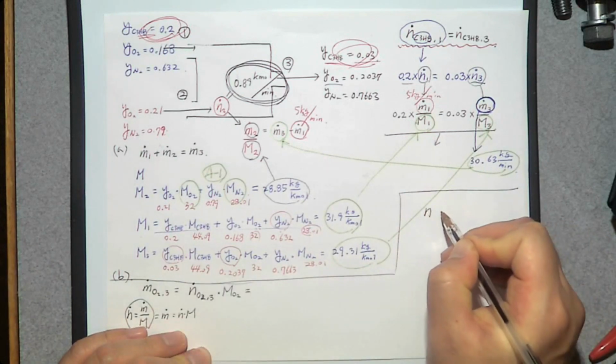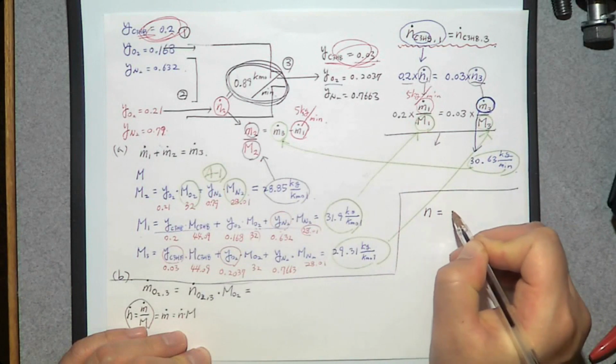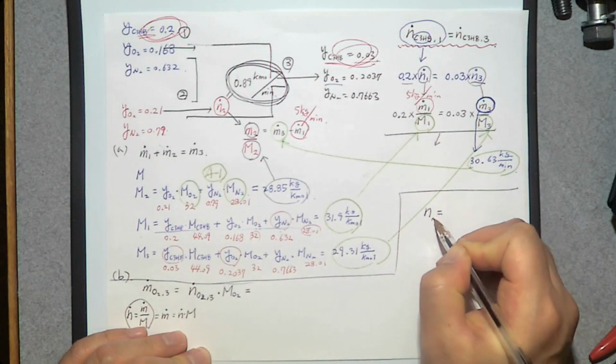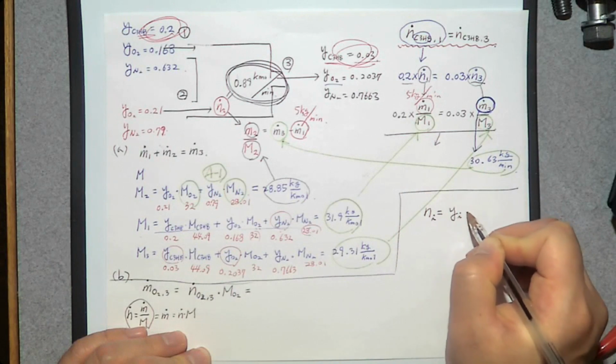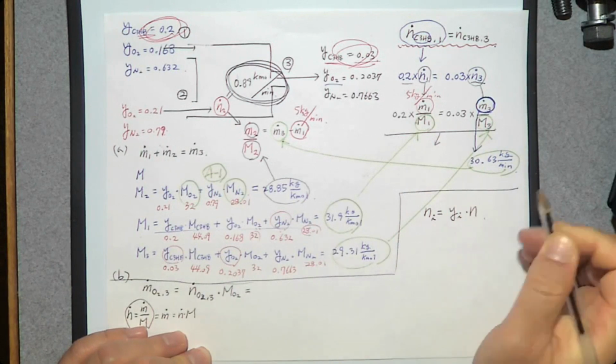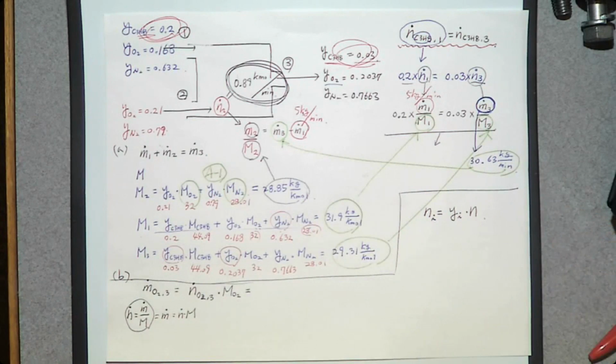N of one component can be determined by the mole fraction times the total number of moles, because that is the definition of the mole fraction.